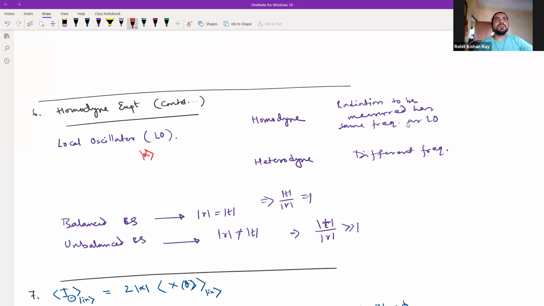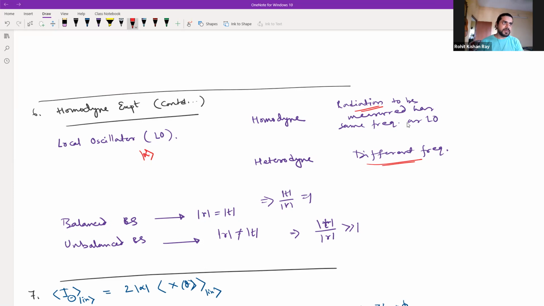So for the homodyne experiment, the radiations that you can measure through these experiments have the same frequency as this LO or the local oscillator. But in case of heterodyne, the basic difference is that the frequencies are different. Yeah, that is the basic difference. And there are many other differences. I guess they have been discussed in the class.